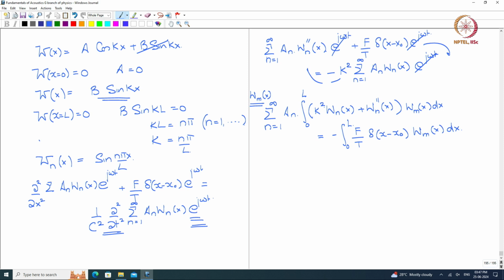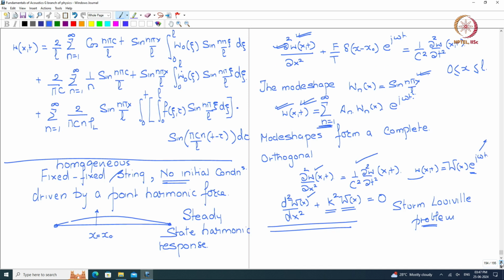Okay, just want to make one point here, which is that in the string equation, when you put a force, the force by itself has to be force per unit length.